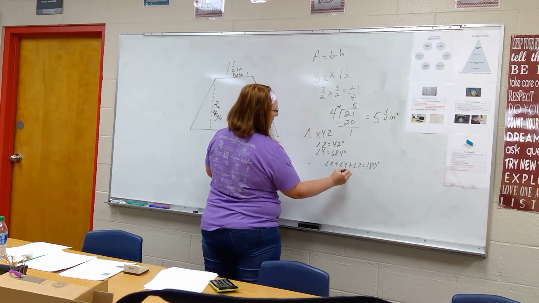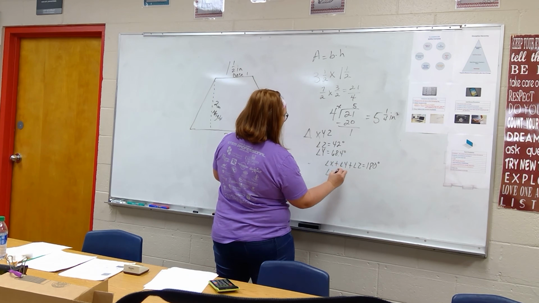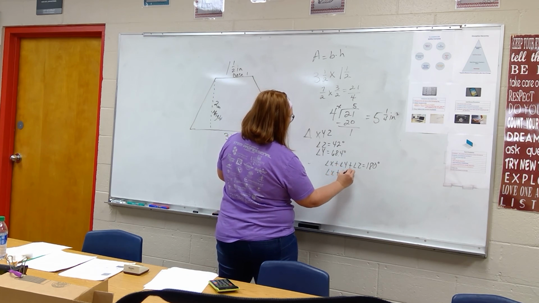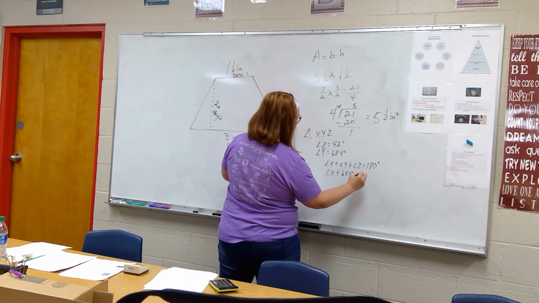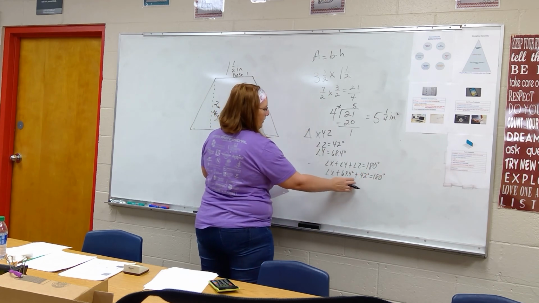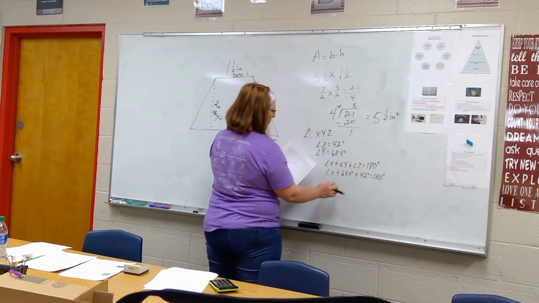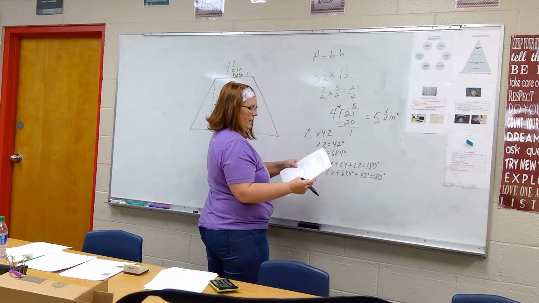Then plug these in. So angle X is what we're trying to find. Angle Y was 68.4 degrees plus angle Z is 42 degrees equals 180. So now you're going to have to add these together and use an inverse operation, subtract, to figure out what angle X is. Same thing for 9.